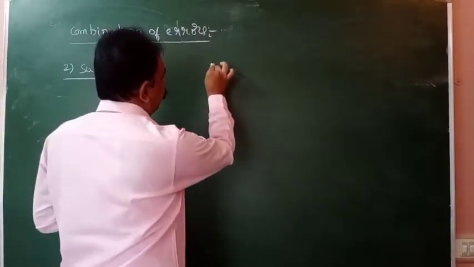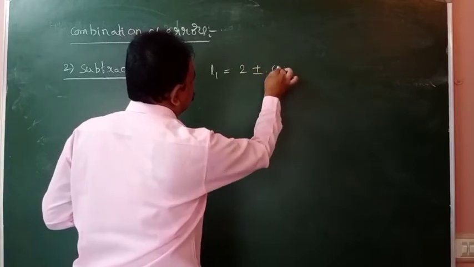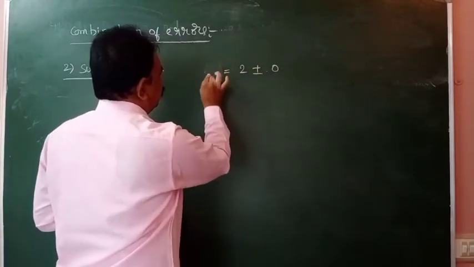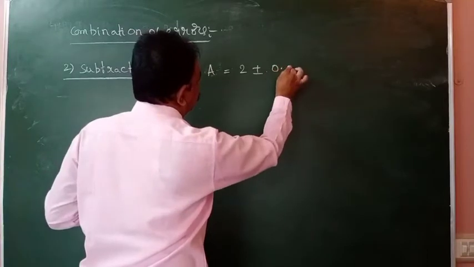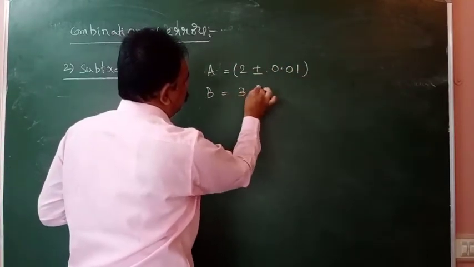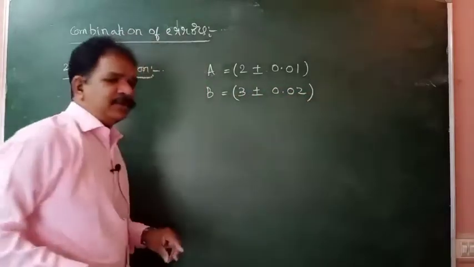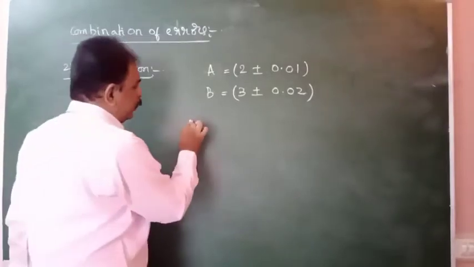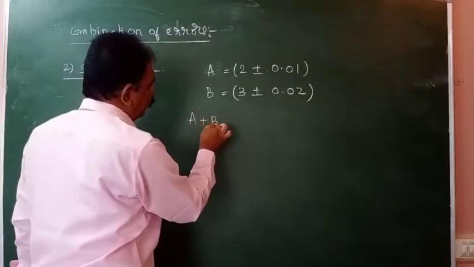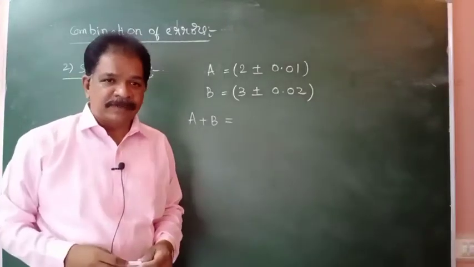For example, see, take one problem to understand this. Two wires: length A is equal to 2 plus or minus 0.01, B is equal to 3 plus or minus 0.02. Find the value of a plus b in terms of errors.